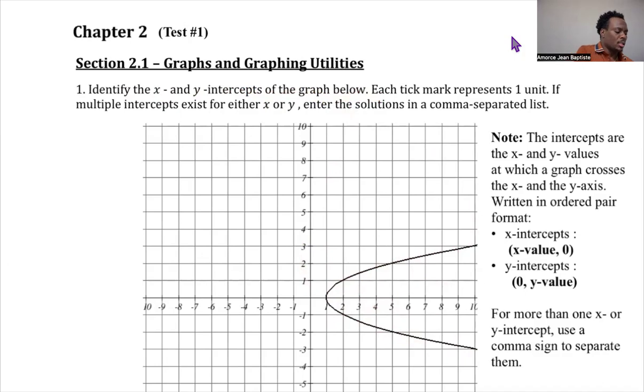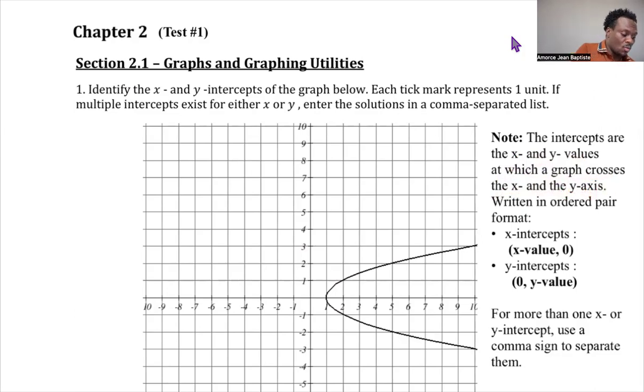So basically, it differs with who's teaching this class or how you consider the intercept. We have two ways that we can consider the intercept. We can see the intercept as the x and y values at which the graph crosses the x and y axis.